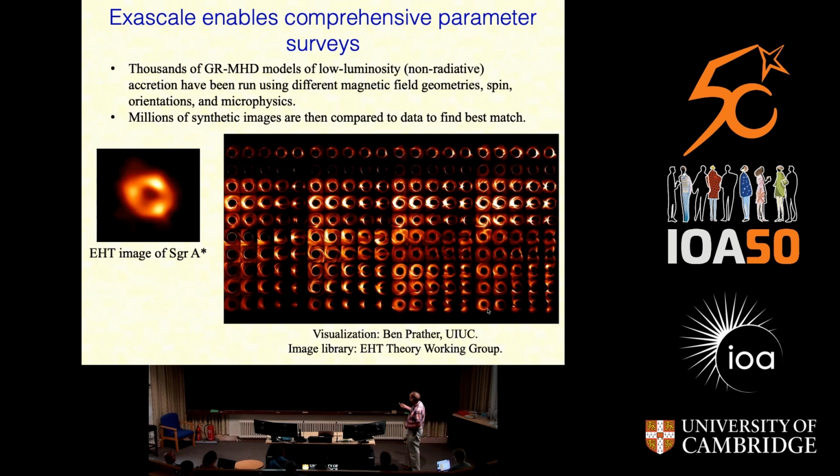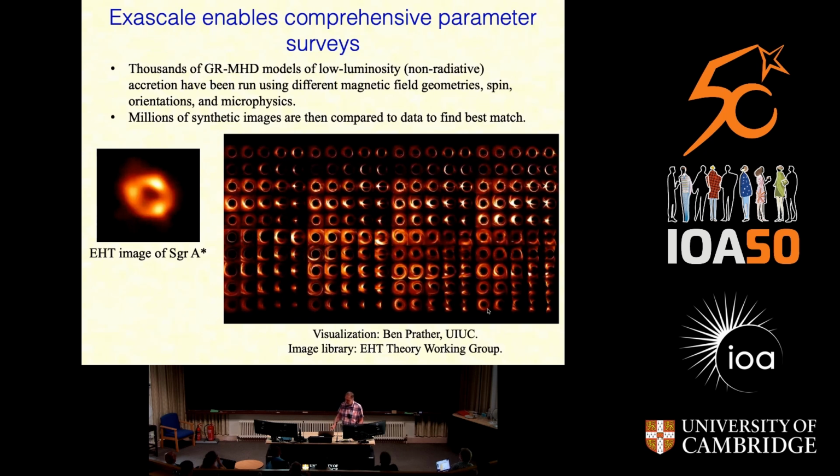So for example, the EHT team has used exascale to compute literally thousands of models of black hole accretion flows at low luminosity, and then done GR ray tracing to compute millions of synthetic images, and then compared those images to the data to find the best fit models.